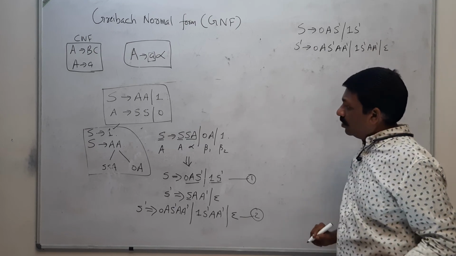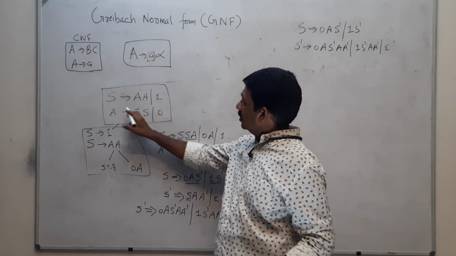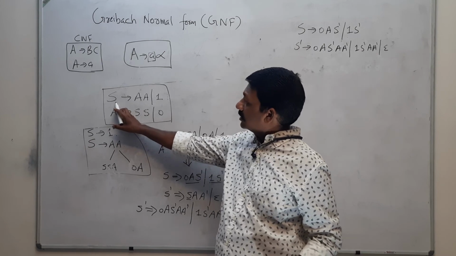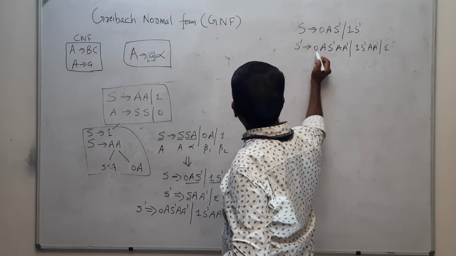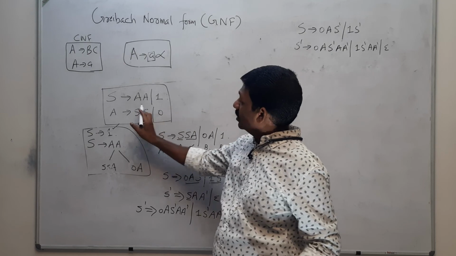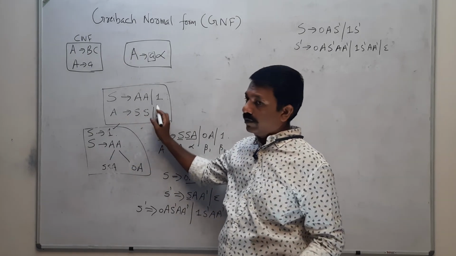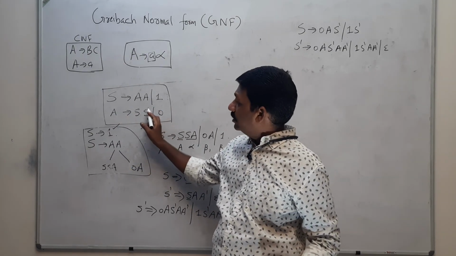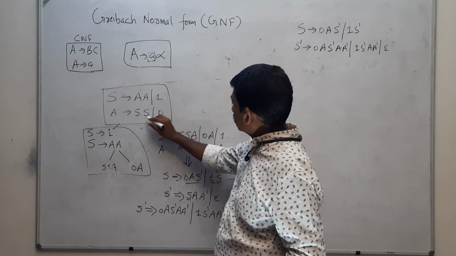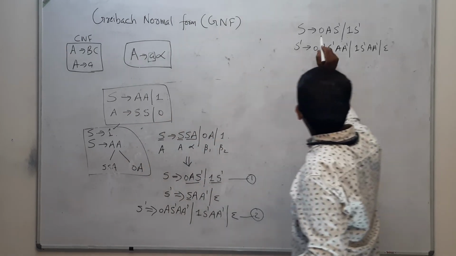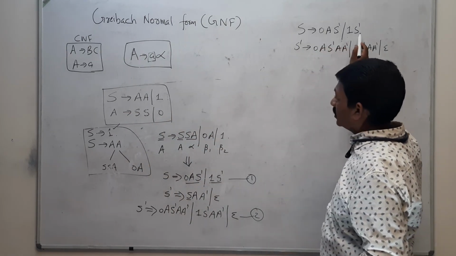Okay. Now we have converted the S productions into Greibach normal form, and now this is not in Greibach normal form. How do you convert this? Now A derives SS. Now this S can be replaced with 0 A S dash or 1 S dash.